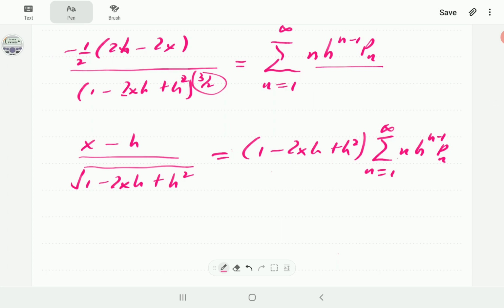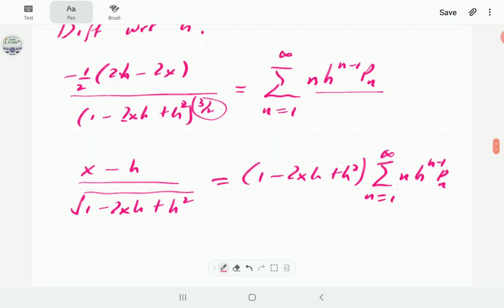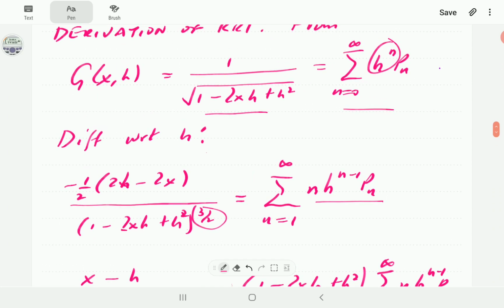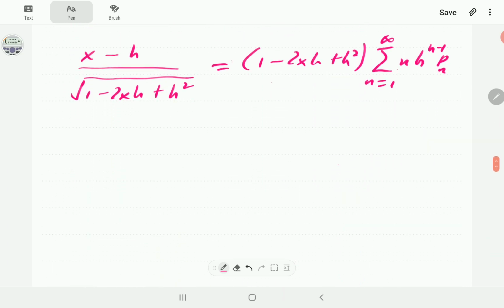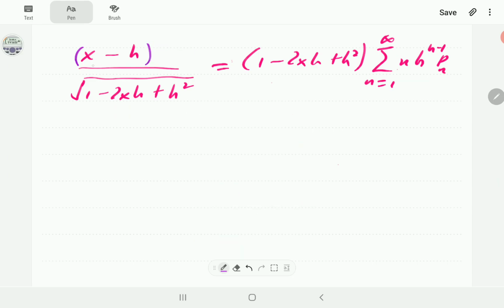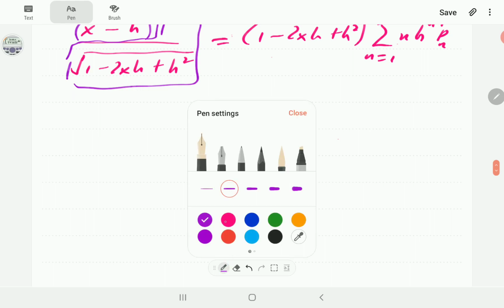Then on the left hand side, we're going to recall that 1 over square root of this is equal to that summation. So we are going to replace 1 over that using the summation.